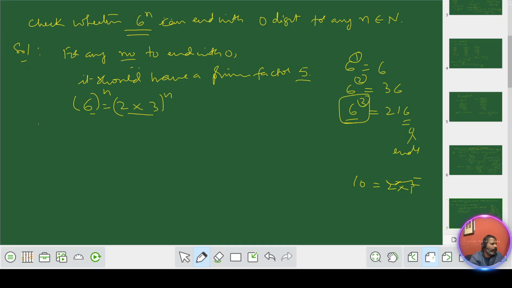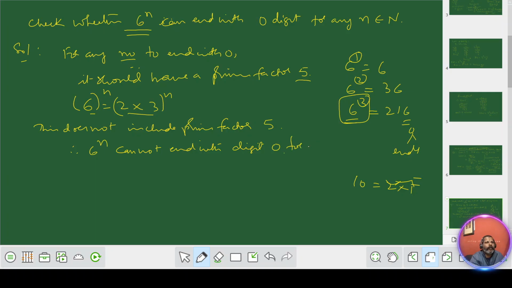Therefore, we conclude that it does not include prime factor 5. Therefore, 6 to the power n cannot end with digit 0 for n a natural number. Okay, not negatives.